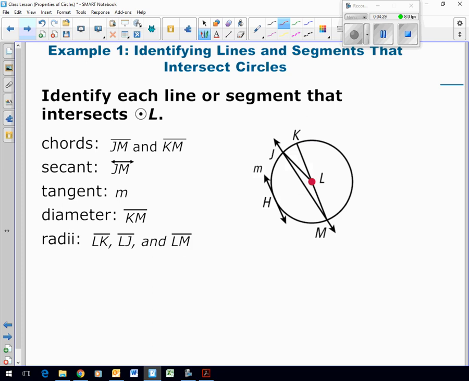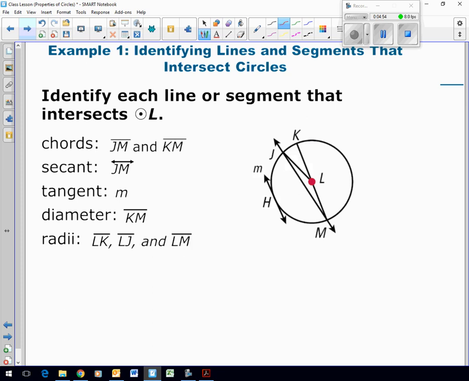This goes all the way back to day 1. We said, if I wanted to talk about JM as a line segment, I would say start at J, go to M. Don't go any further than J to M.